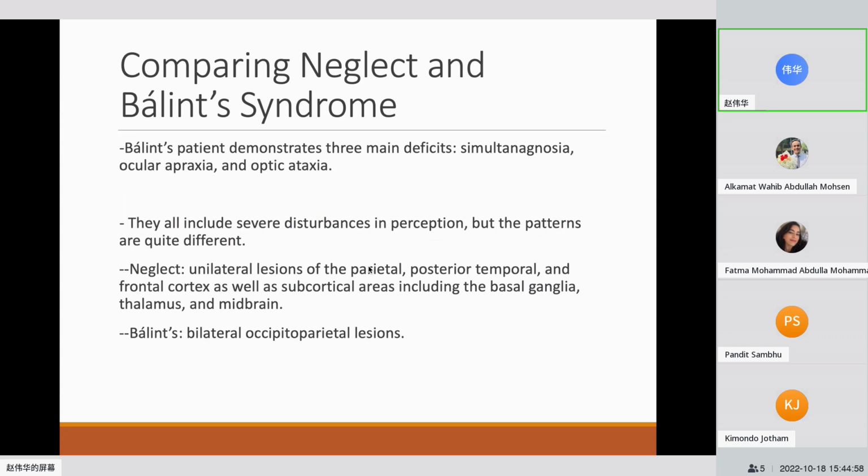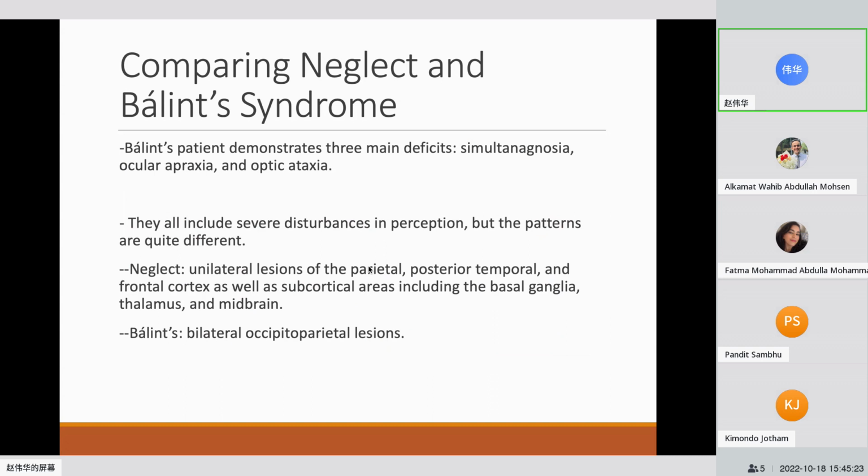Oh, sorry, I'm not familiar with these words, but I will introduce them one by one. So they have some common or shared syndromes. They all include severe disturbance in perception, but the patterns are a little bit different.